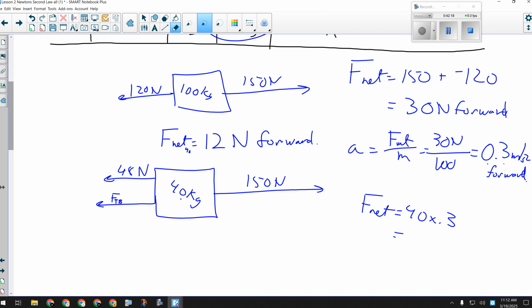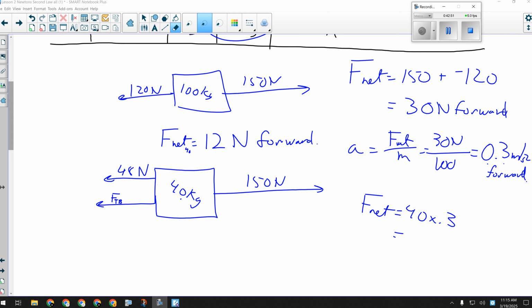I'm going to give you a couple more minutes in case you were stuck. Now you know the net force acting on the 40 kilogram block, and you have a free body diagram for the 40 kilogram block. Find the tension in rope B now. I know what the vector sum of all the forces acting on that 40 kilogram box is. It's 12 newtons forwards.